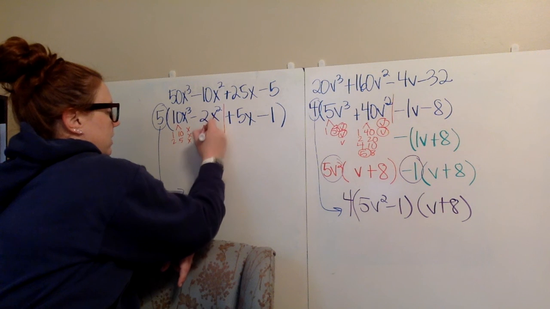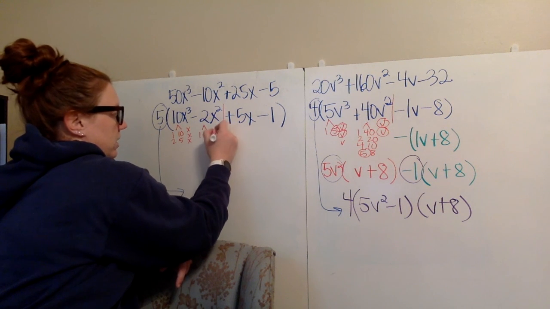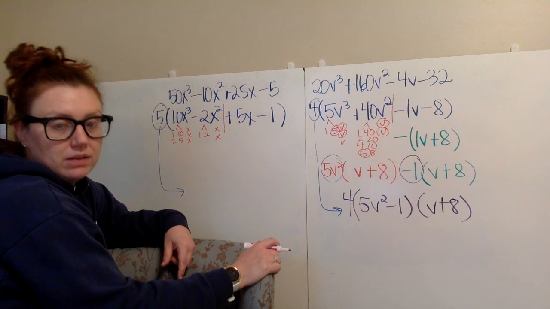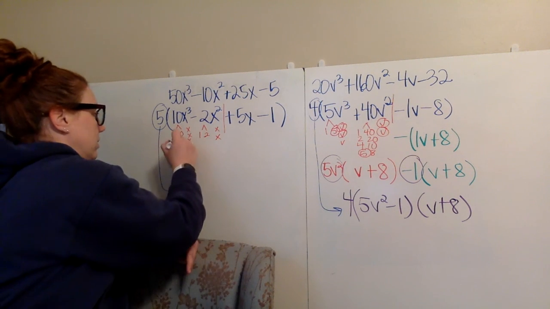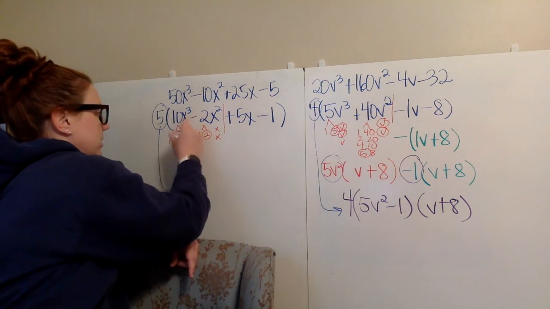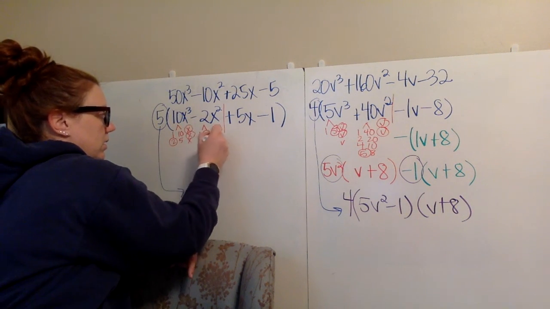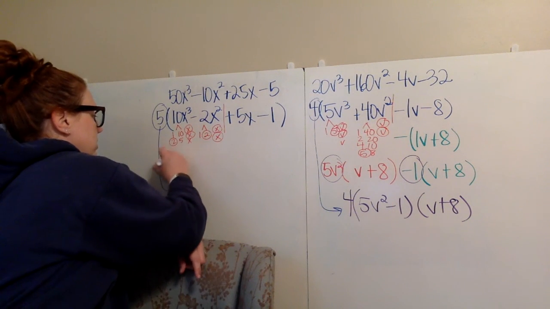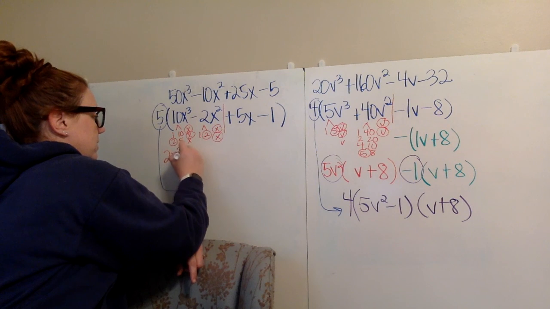And here is just 1 and 2, and x. So what's the biggest number that they both share? Is 2. And do they share any variables? So my GCF is 2x squared.